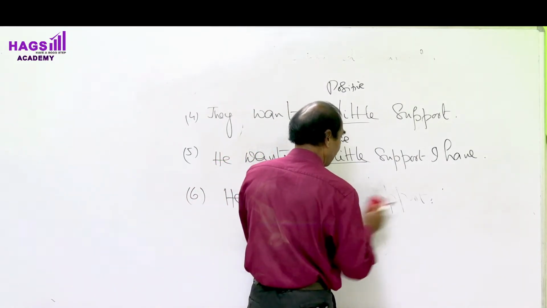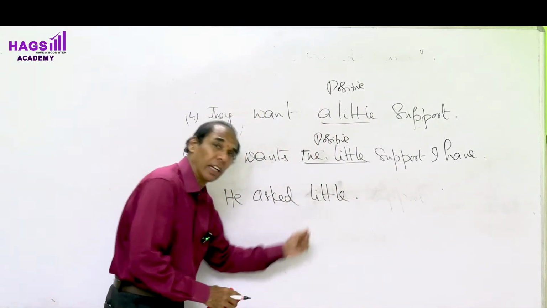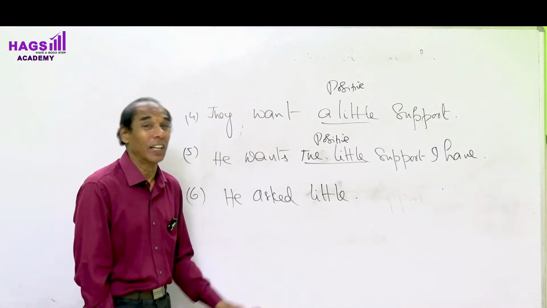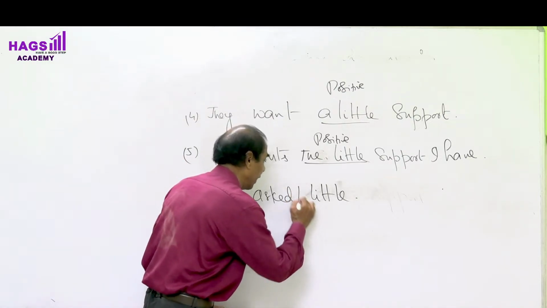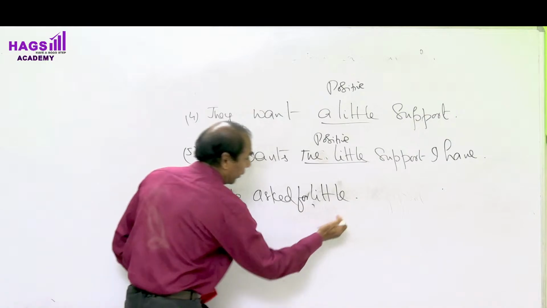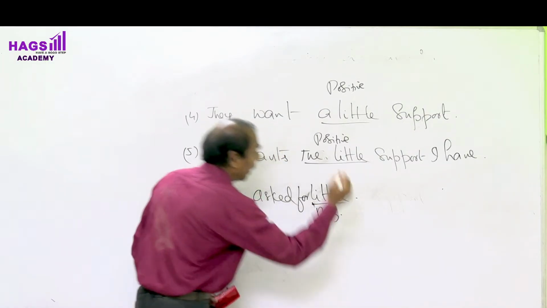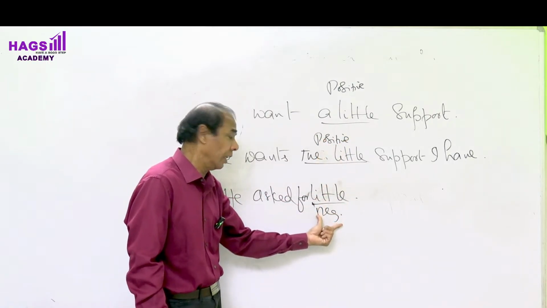That's it. Okay? Now look at the word. He asked little. Is it correct? Right? What I told you, after the word asked use for: he asked for little. Okay, right. Now look at the code. Little is negative. Okay? Little is negative. A little is positive. The little is positive. Little is negative.